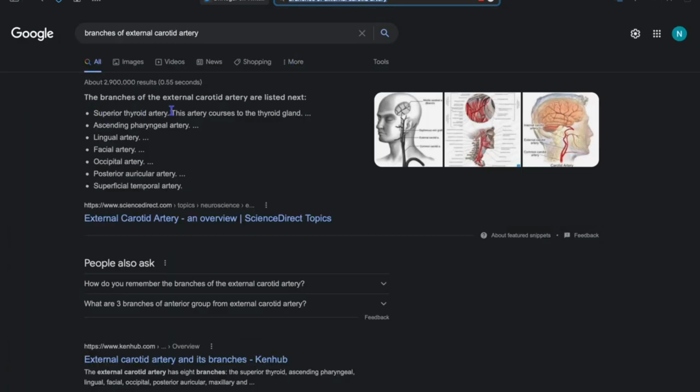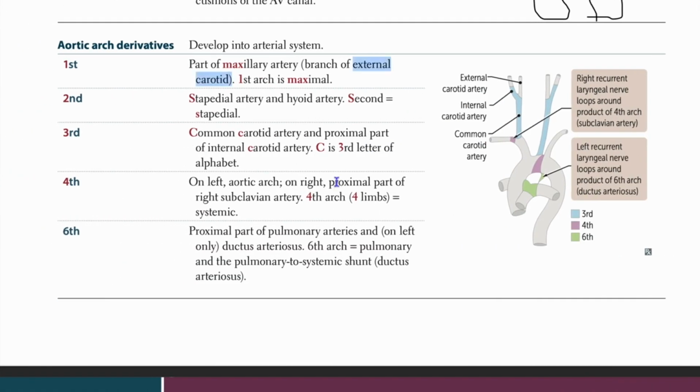So starting from the top, you have facial artery, then the tongue, lingual artery, then the thyroid, so superior thyroid, and behind it you have ascending pharyngeal artery, and then you have the ears, so posterior auricular artery, and behind it you have occipital artery, superficial temporal artery. So part of this would be the maxillary artery, I guess. Right. So maxillary artery, external carotid artery.